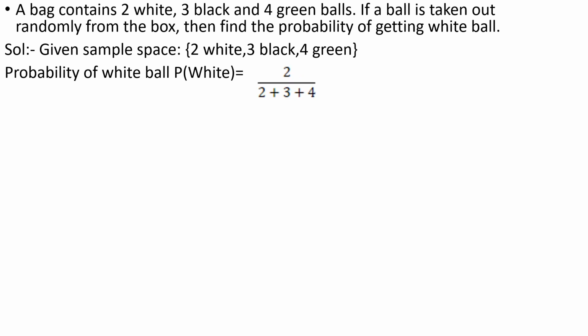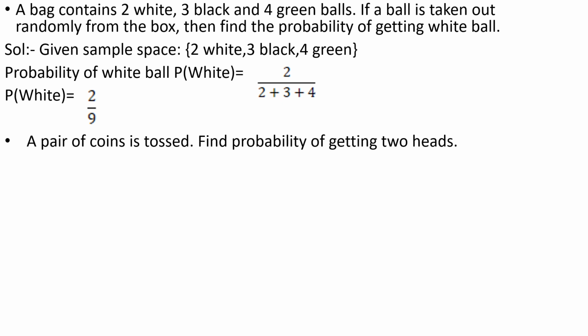So then we can write 2, the possibility of getting our favorable outcome, by the sum of total outcomes or the total balls that we have in the bag, which is 9. So 2 by 9 is our outcome, or the probability of getting a white ball.